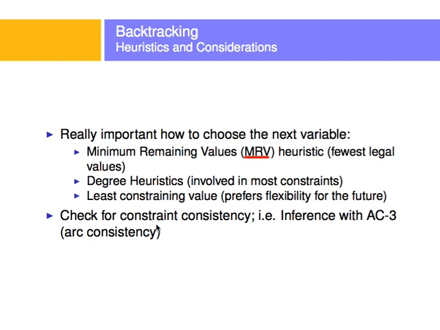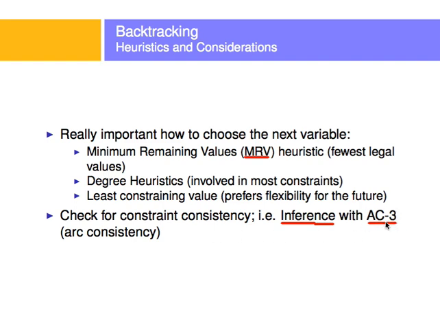Now we can always check for constraint consistency, and this is called inference. Whatever assignment we do, we try to infer whether it conflicts with something else. One algorithm to do this is arc consistency 3, AC3. This is an algorithm from the 70s.